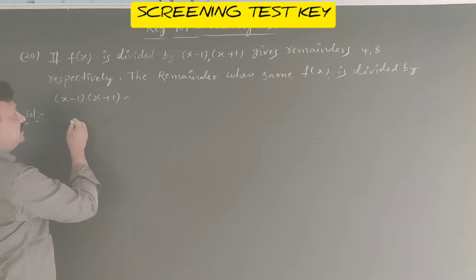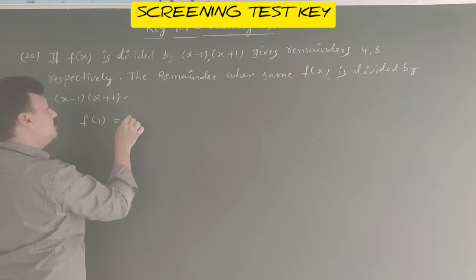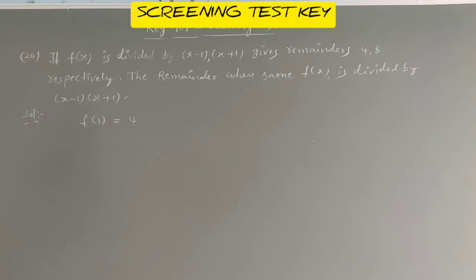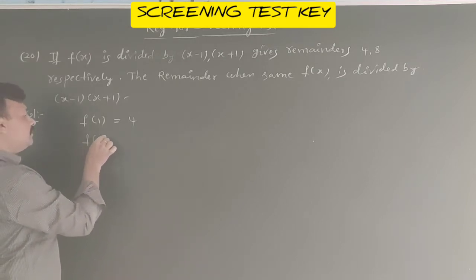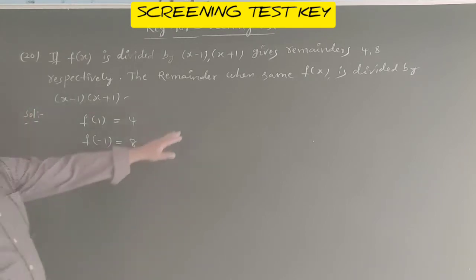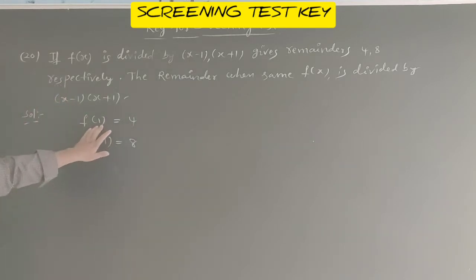So here f of x is divided by x minus 1, then f of 1 equal to 4. And f of minus 1 equal to 8. If it is divided by x minus 1, then f of 1 is the remainder.